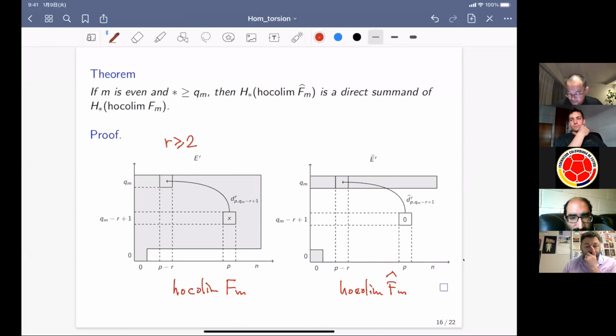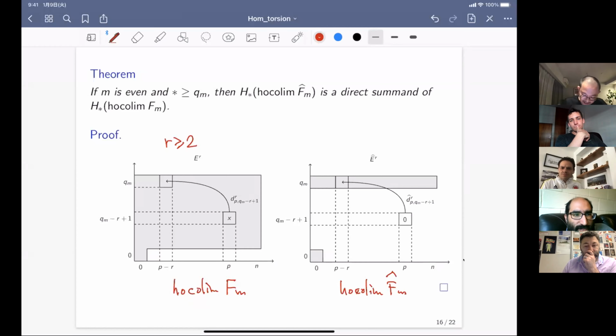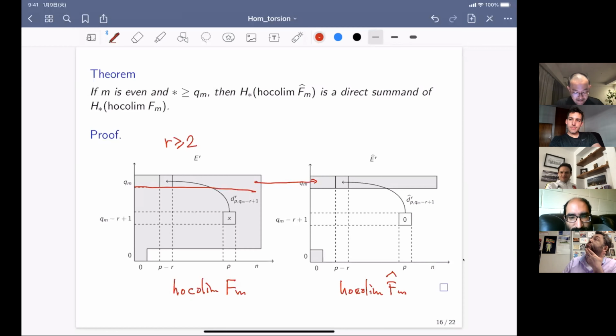So there is no non-trivial differential in the Bousfield-Kan spectral sequence for hocolim F_m hat. And we have already seen that the natural transformation sends the top line isomorphically. Then we get this theorem. So if we can show that the homology of hocolim F_m hat has p-torsion, then we can say that the homology of Hom(Z^m, G) has p-torsion too.